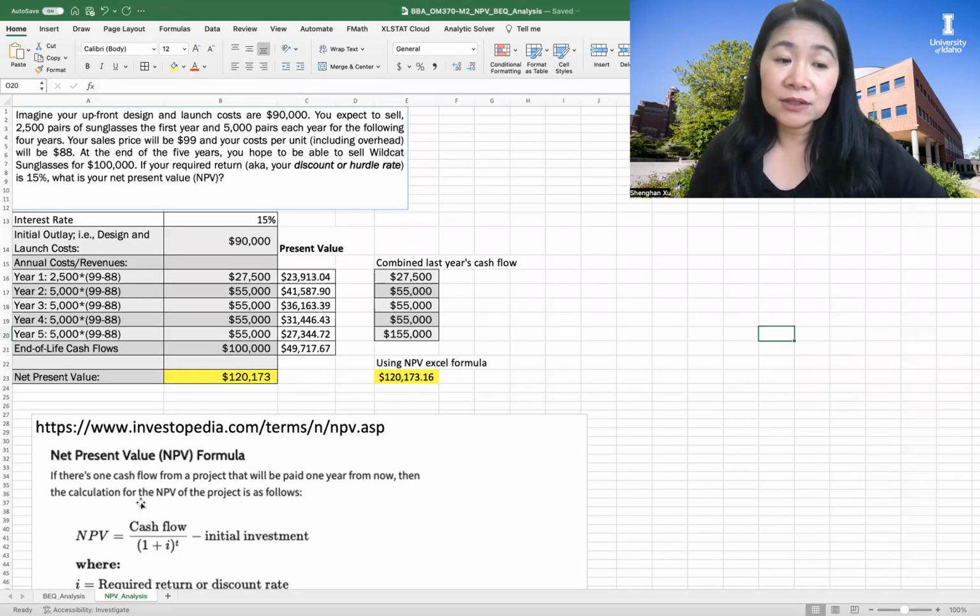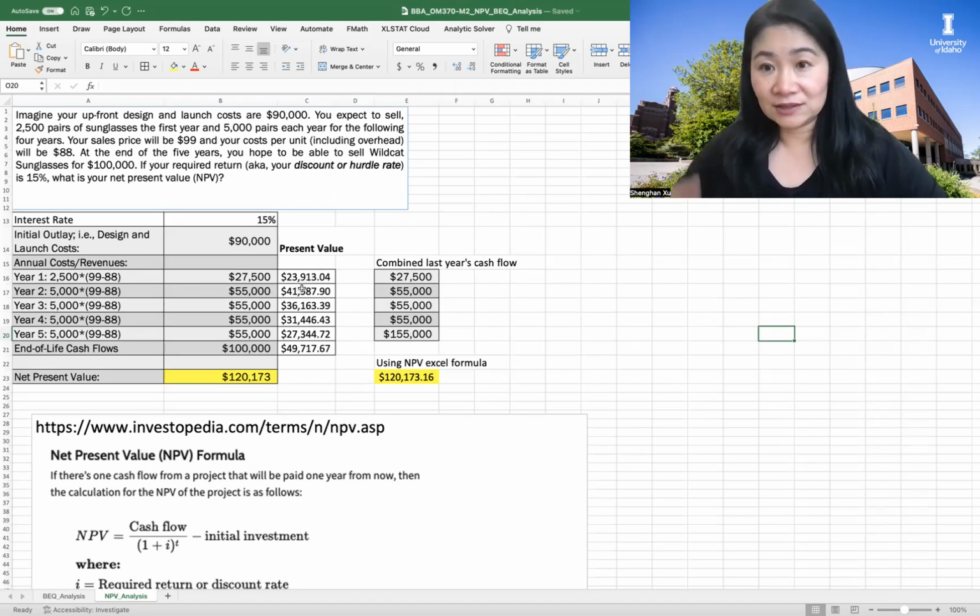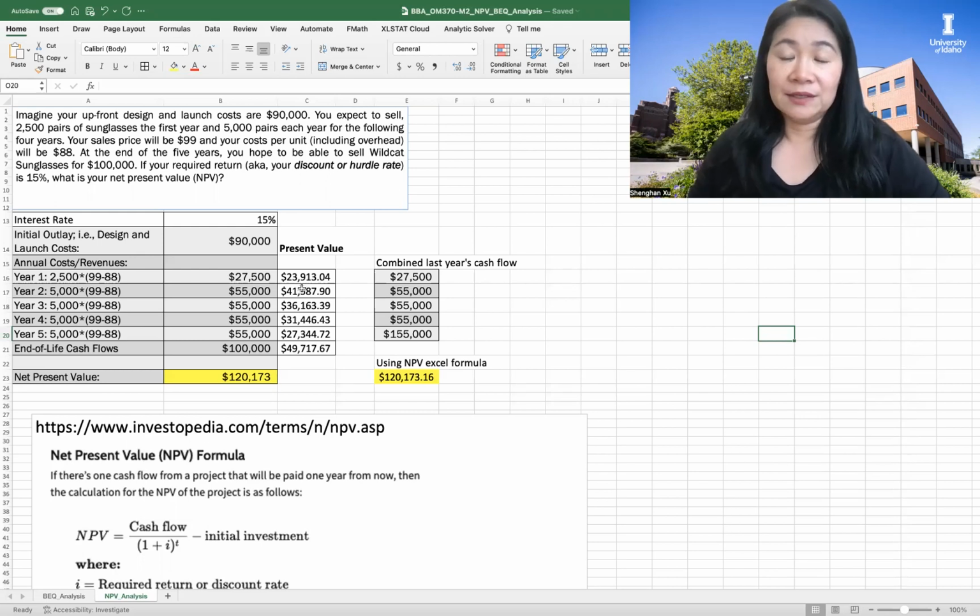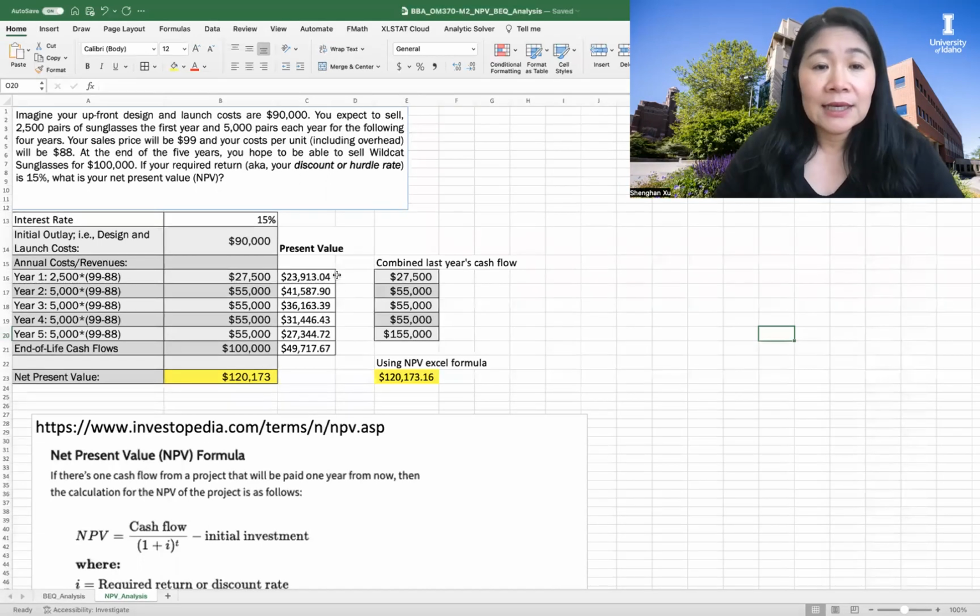According to net present value, we first discount those cash flows to the present value, which is year zero, right now. Then we add all those cash flows together, and that becomes our net cash flow.